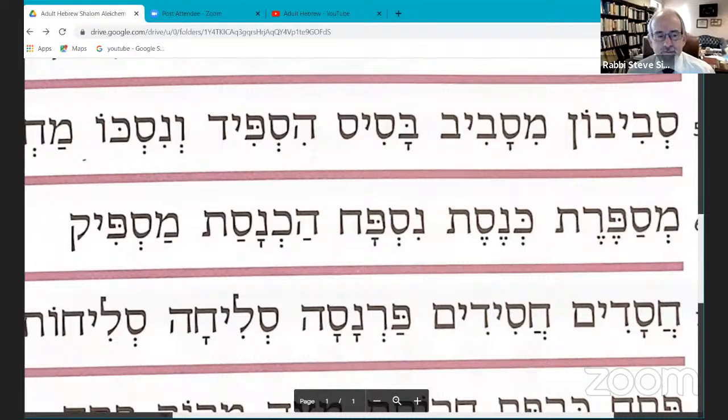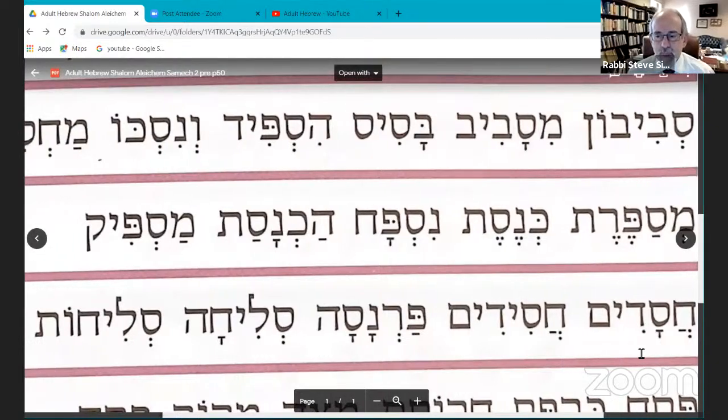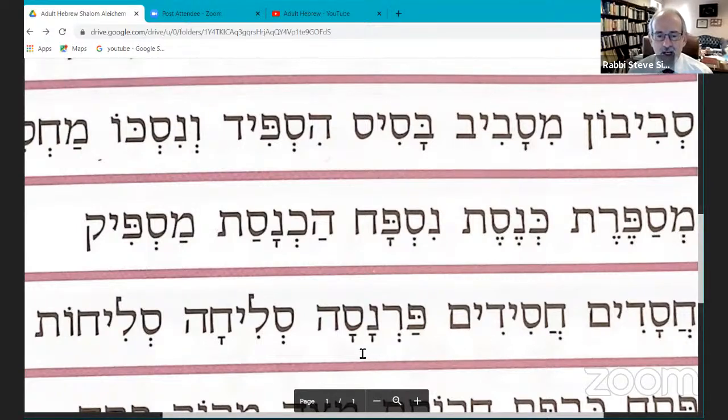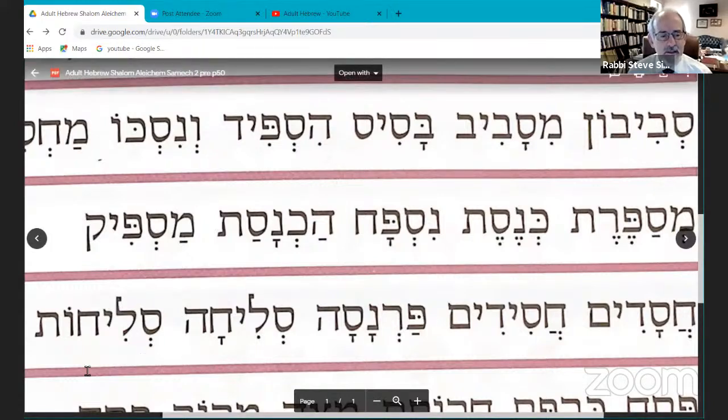Line 7. Chasadim, Chasidim, Parnasa, Salicha, Salichot, or Slichot.